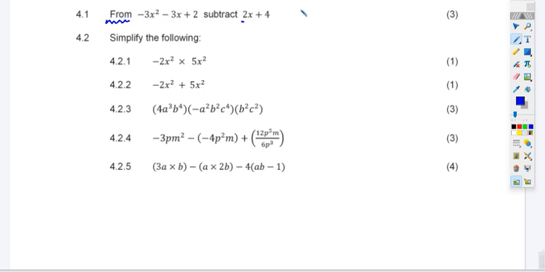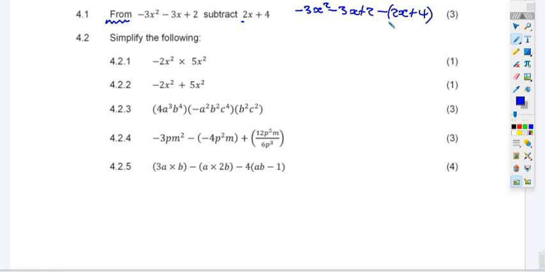So this is negative 3x squared minus 3x plus 2. Subtract. When you write a subtraction sign, you have to write brackets. So (2x plus 4). If you don't put brackets here, you are definitely going to get it wrong because you are supposed to subtract the whole thing.